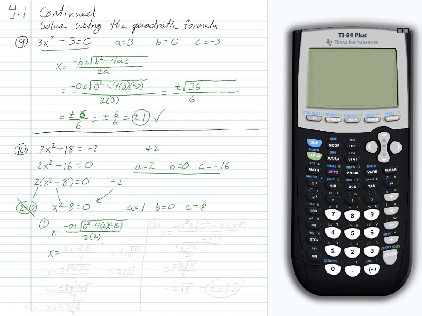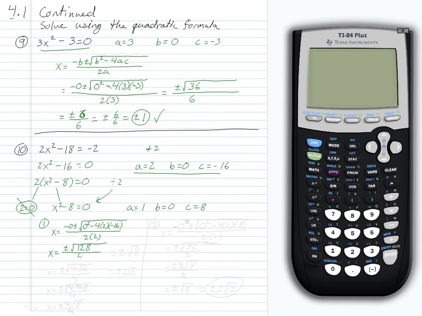So x equals 0 plus or minus the square root of 0 squared, nothing exciting there. Here we've got negative 8 times negative 16. That turns out to be positive 128.